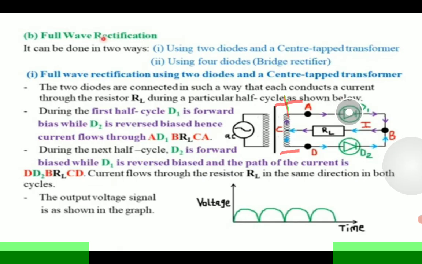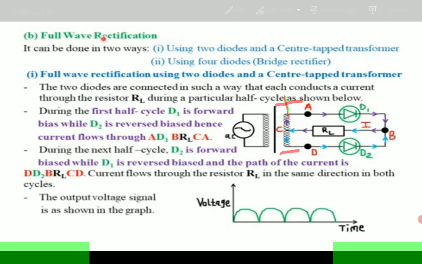So the diode is going to conduct in such a connection. Take note, you need to get this right. We are saying this end of the diode is positive, this end is negative.